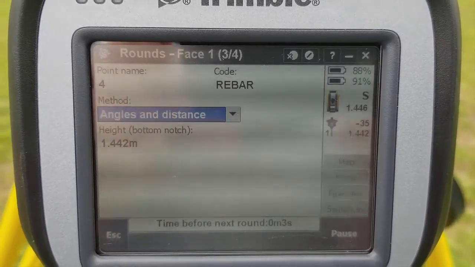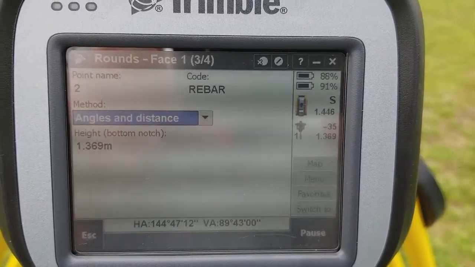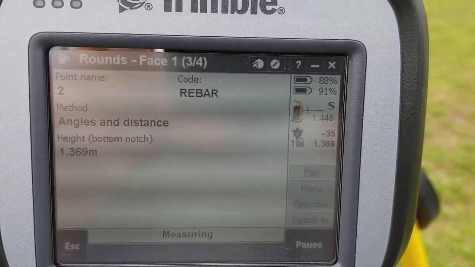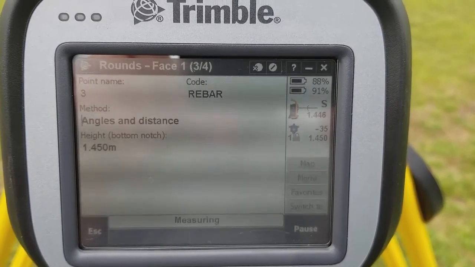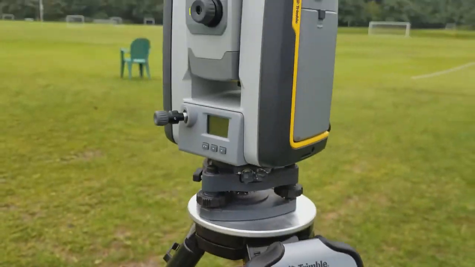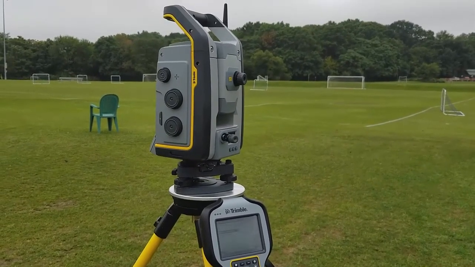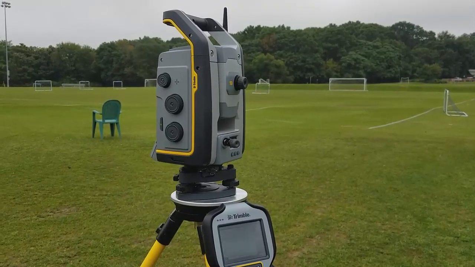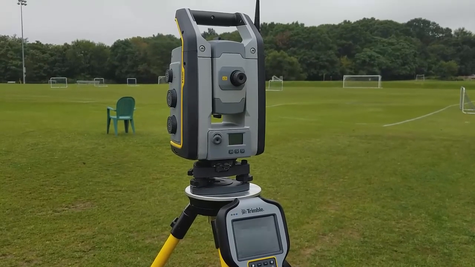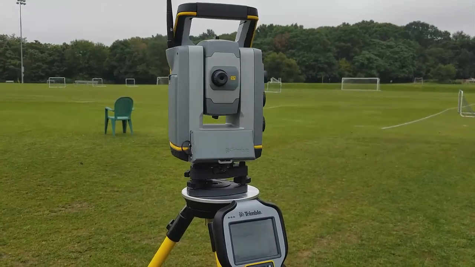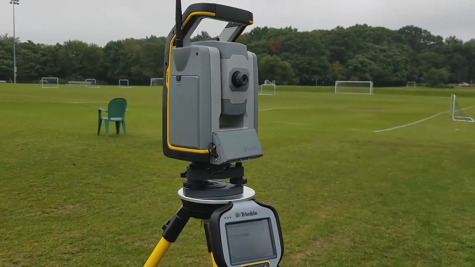Changing face. Round completed. Changing phase.